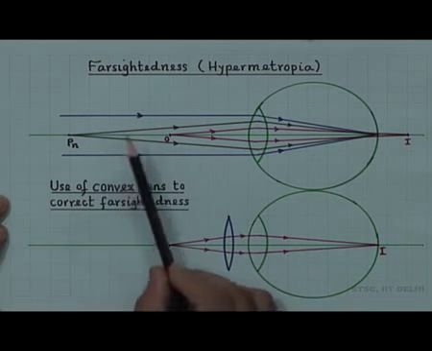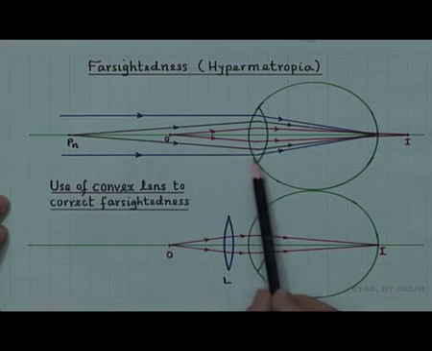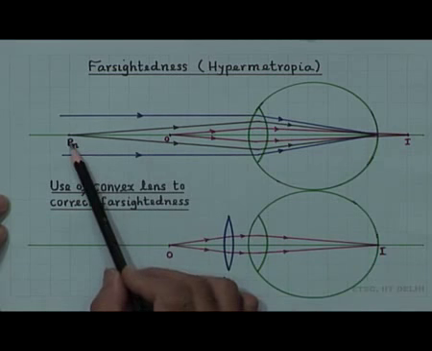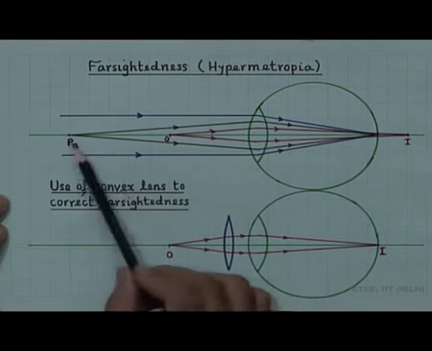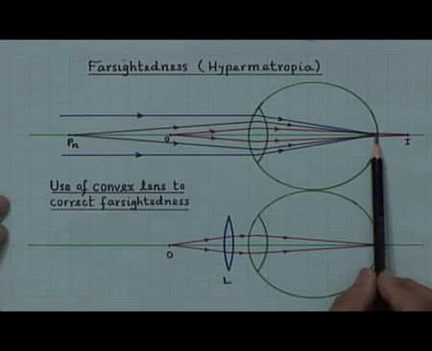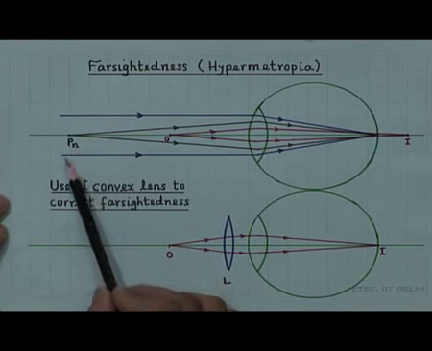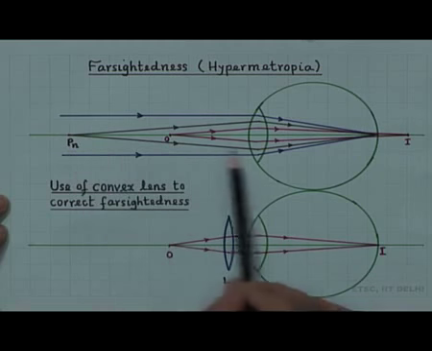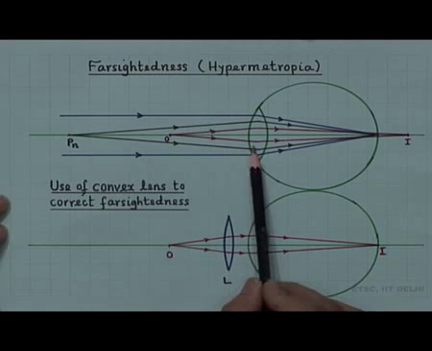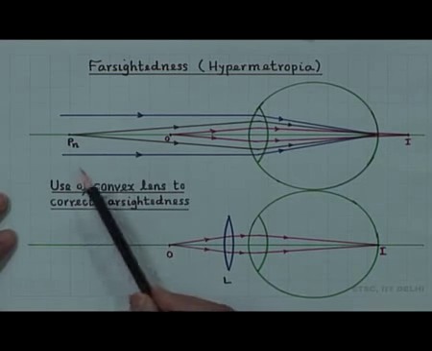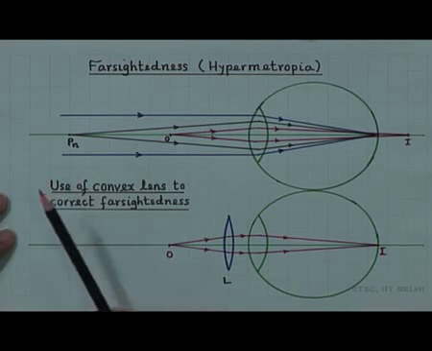What is shown in the diagram here is the blue lines, which are parallel rays, focused on the retina. His P near is here, which means up to this point all the objects are focused clearly on the retina. However, objects which are nearer than this P n, and as I have already said, this distance P n varies from person to person, it could vary anywhere from tens of centimeters to hundreds of centimeters depending on the age of the person.